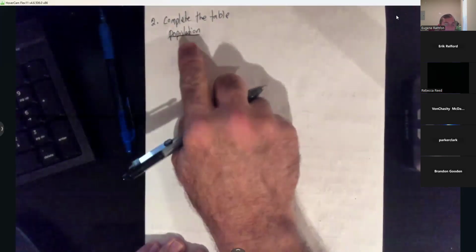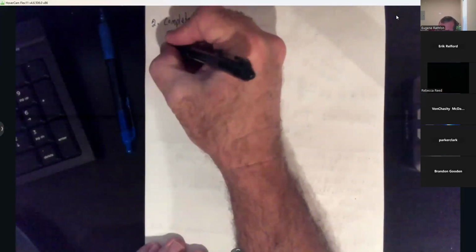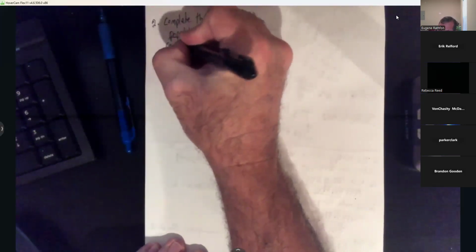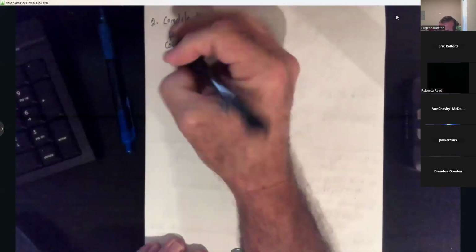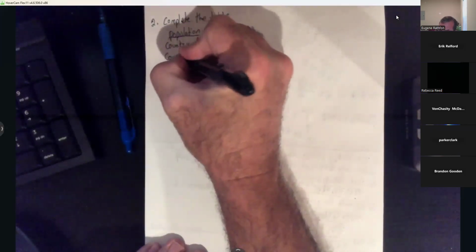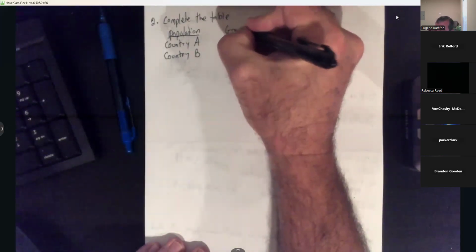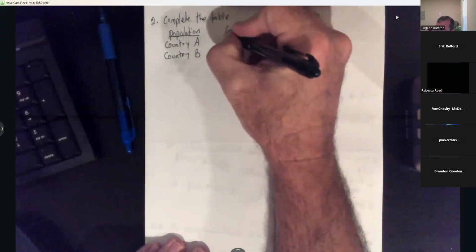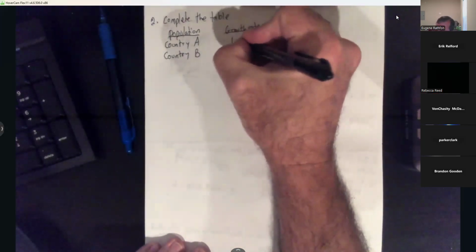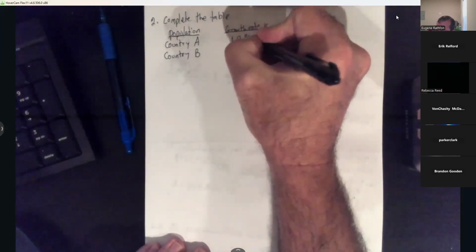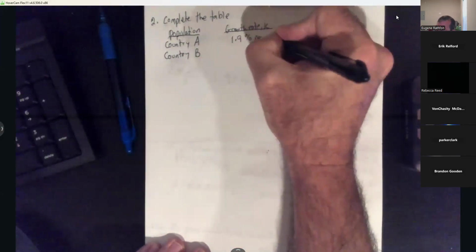Under population, they got country A and country B. All right, the next column, they got the growth rate, which is our K. Now, for country A, they're giving me the growth rate of 1.9% per year.